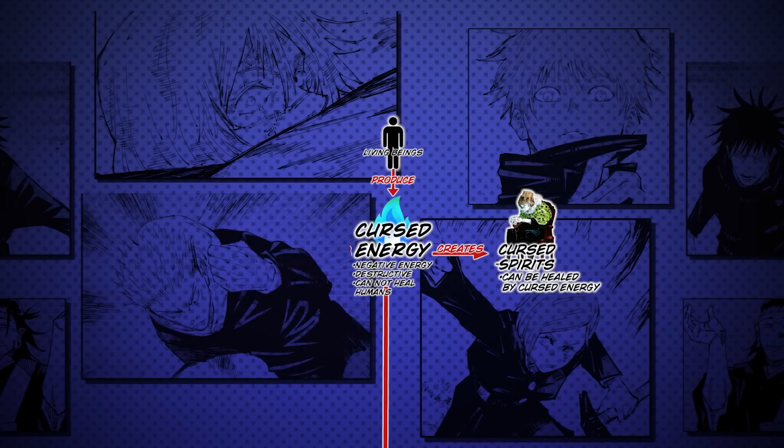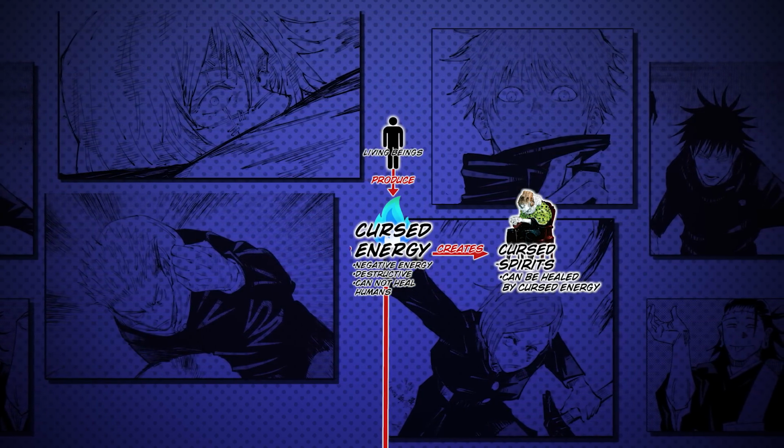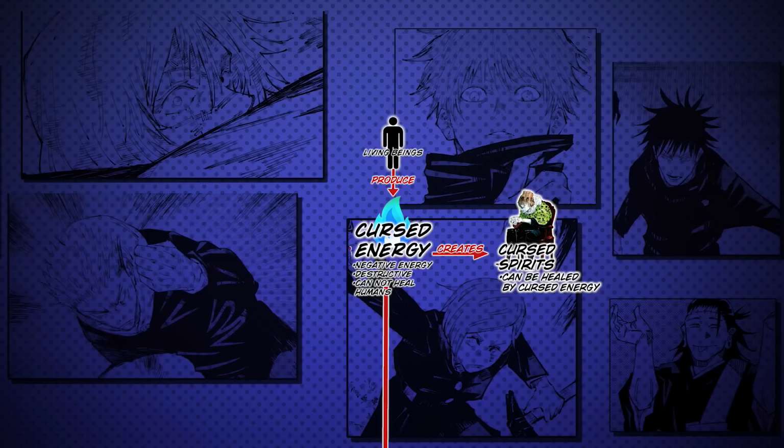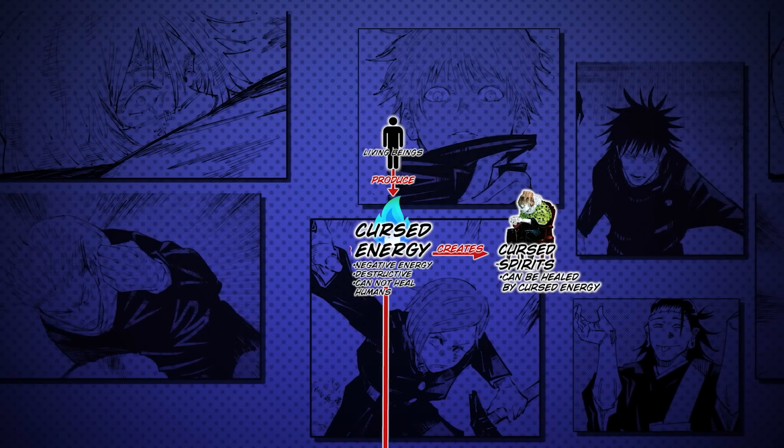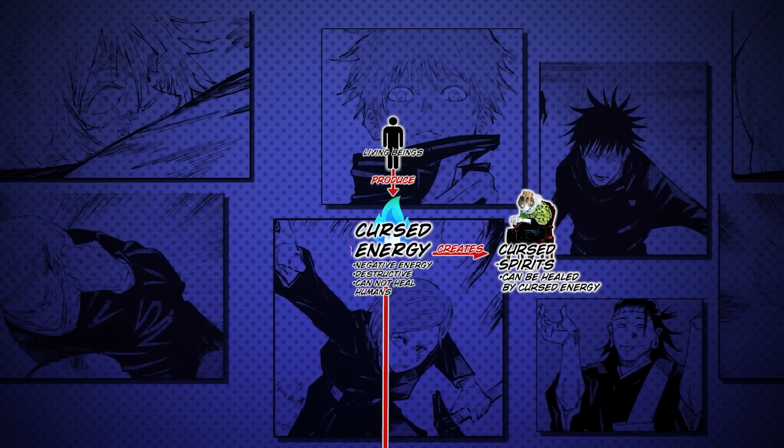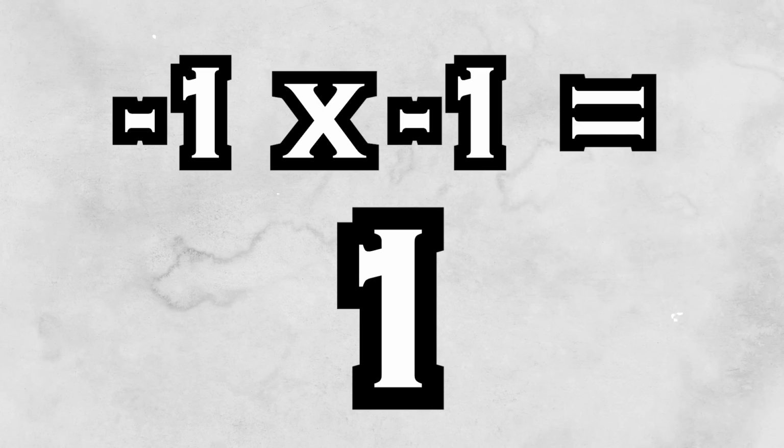But what if you want to be a healer? Well, there is a workaround. Cursed energy you can imagine as having a minus in front of it, like a minus number in maths. And if you remember middle school maths, if you multiply a negative number with a negative number, you receive a positive number. And cursed energy works the same.